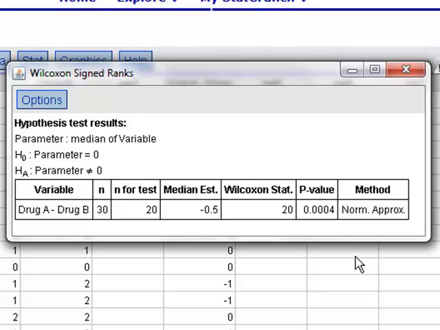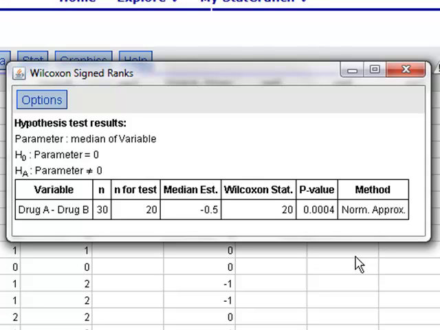Therefore, that leads us to the decision to reject our null hypothesis. So our conclusion will state that there is evidence of a difference in the median hair regrowth of the two drugs. So in this case, if you've told me that the medians aren't the same, that implies that one has to be larger than the other.